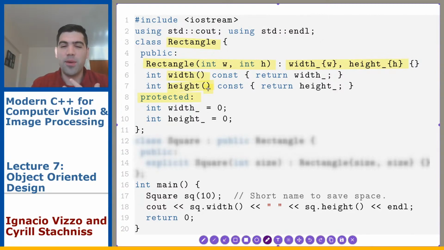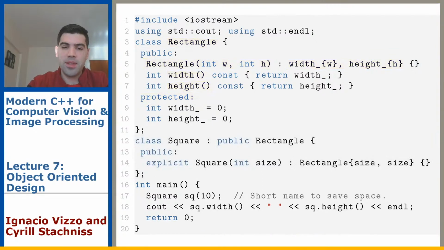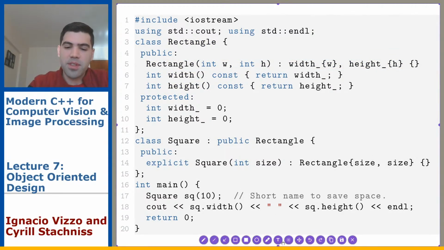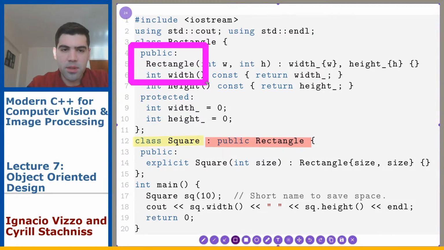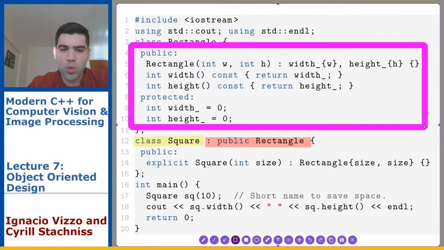Well, actually the width and the height are the same, right? And that's where this idea of inheritance comes in. So you will create a new type called square, and then you will publicly inherit from rectangle. This means that you inherit all this information here because it's public and protected with the same access specifier, right?